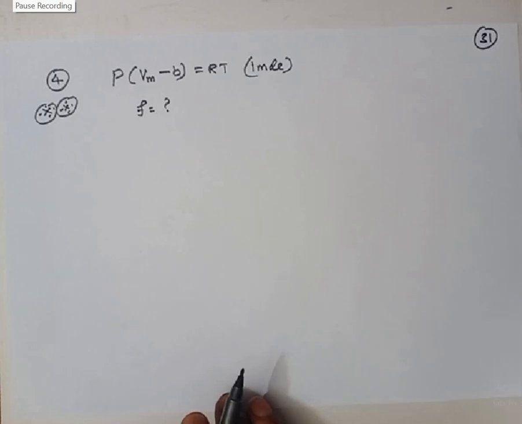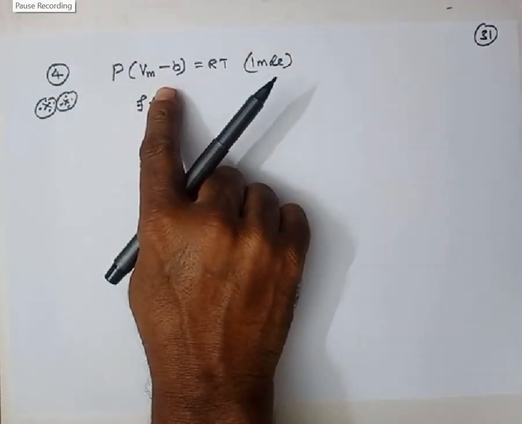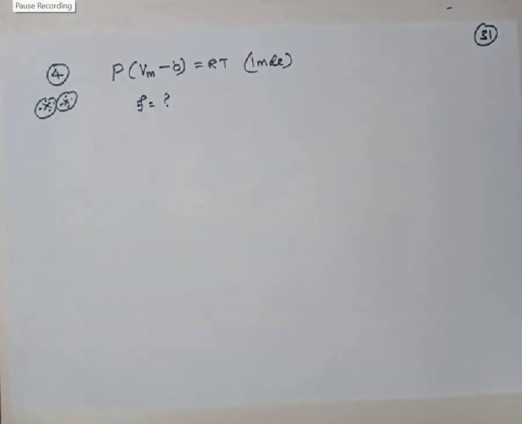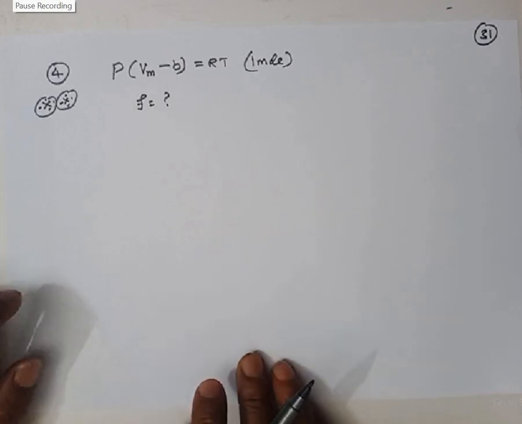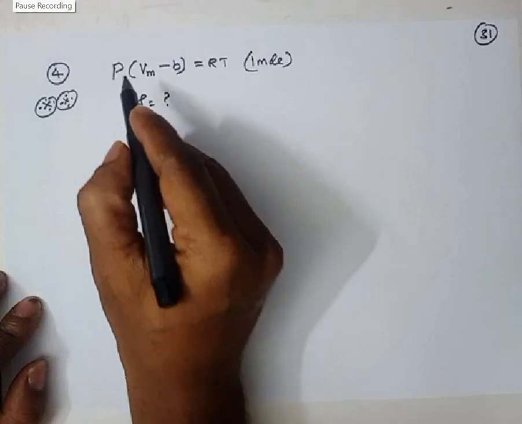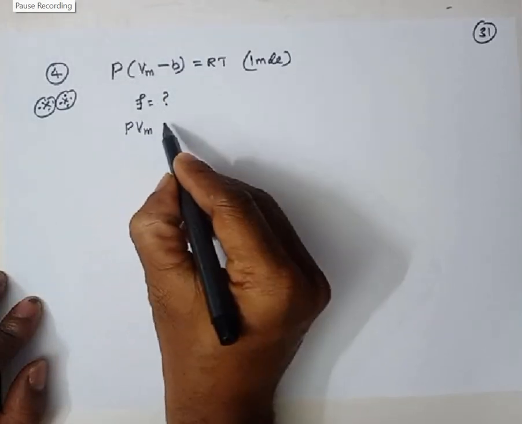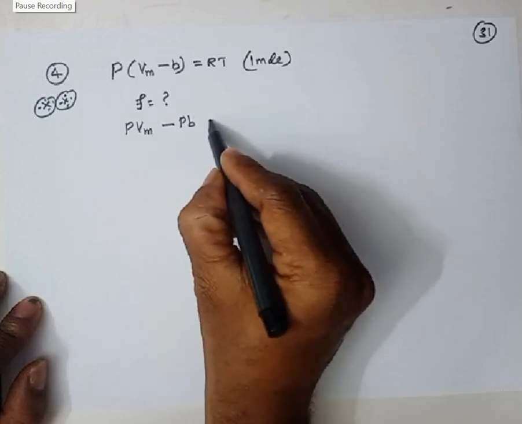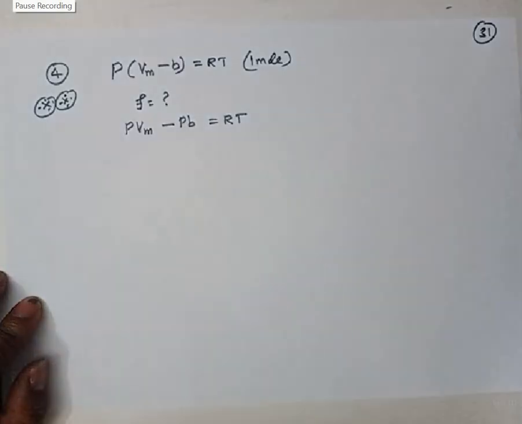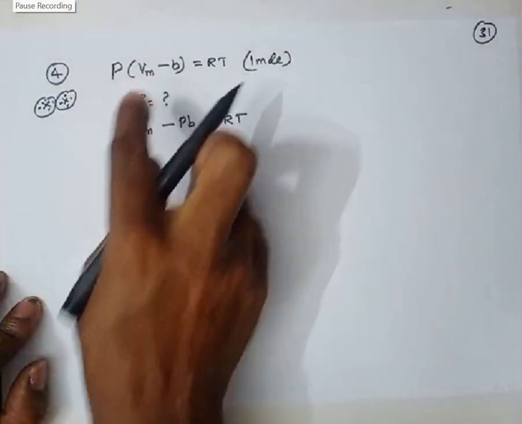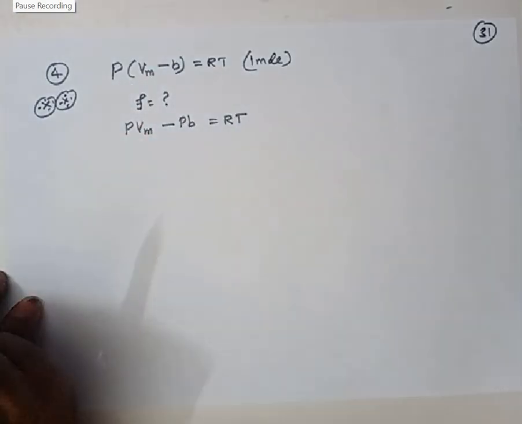Suppose a gas follows this equation. Then how to find the fugacity? It's very simple. Multiply this by P, so you get PVm minus PB equal to RT. Observe carefully. I just multiplied with the pressure. Vm is the molar volume.